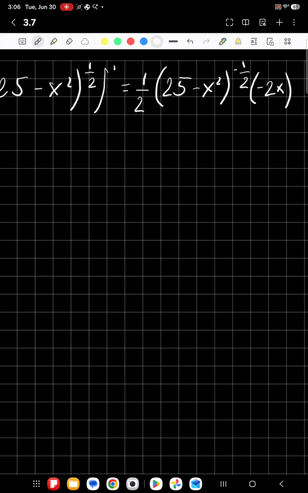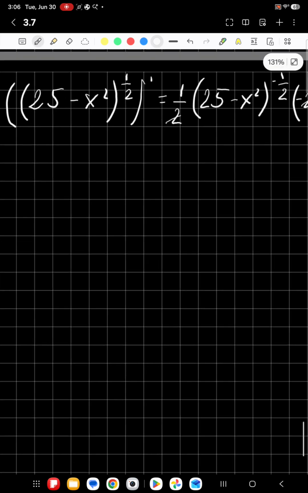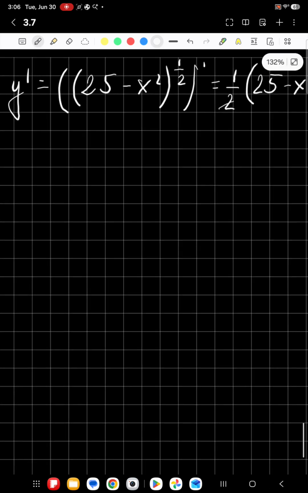Okay, so those 2's can cancel out. So this one and this one. Not this one. This one and that one. Okay, so this is not cancelled. Okay, so the simplified version of the answer will be something like this.